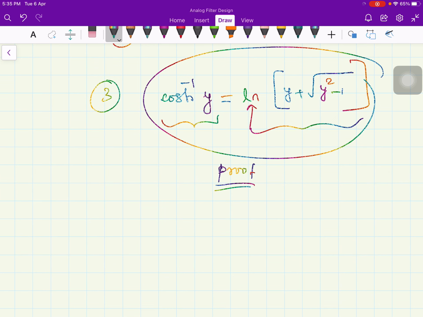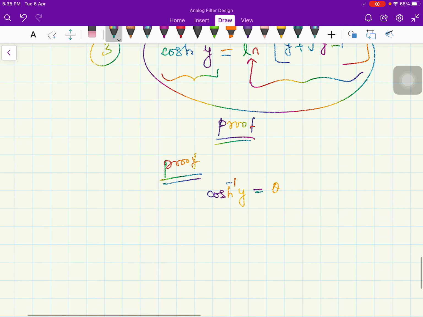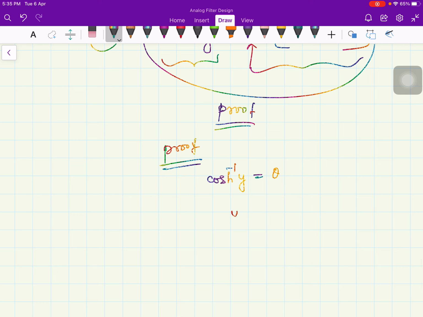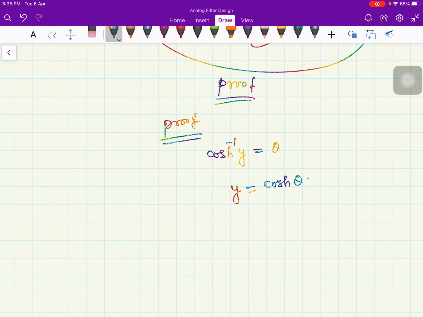Now, how do you prove this? Let's say cos inverse of y is equal to theta. Therefore y is equal to cos theta.